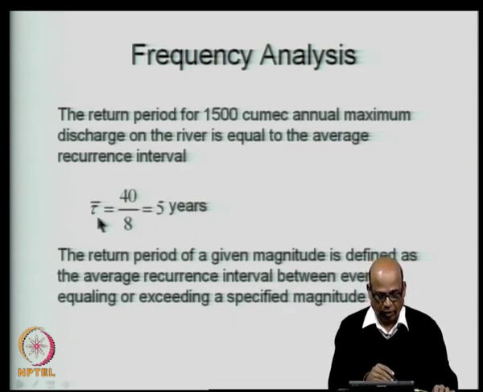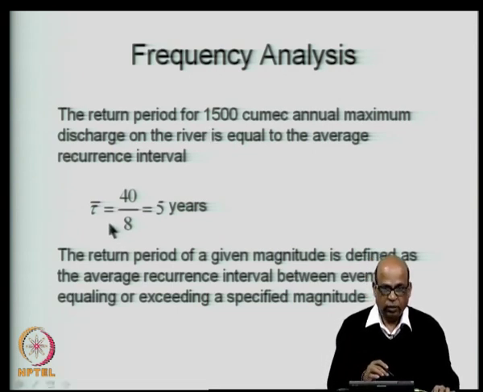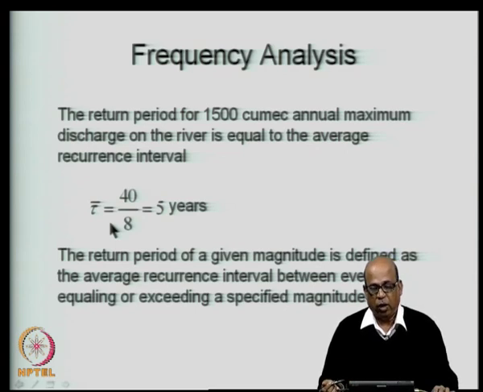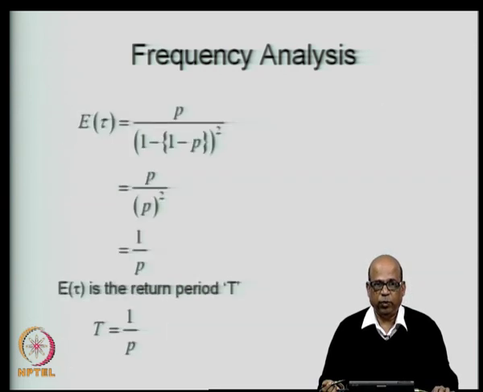So, this is the average recurrence interval, or the return period. The return period is associated with a particular event. So, we are saying the event x greater than or equal to 1500 qmax has a return period of 5 years.